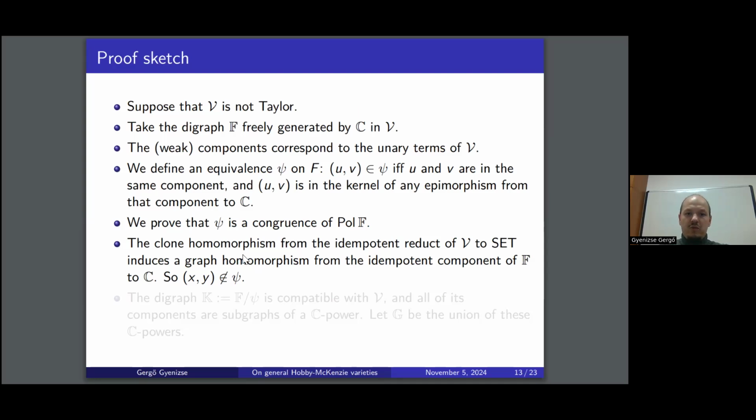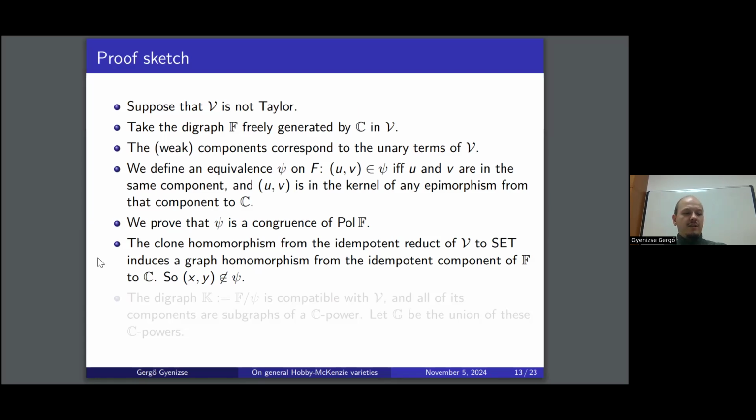So this clone homomorphism can be seen as a graph homomorphism from a component of F, the component corresponding to the idempotence, to a subgraph of that component, which is really the free generator C. And also, because clone homomorphism keeps projections, this will be a retraction.